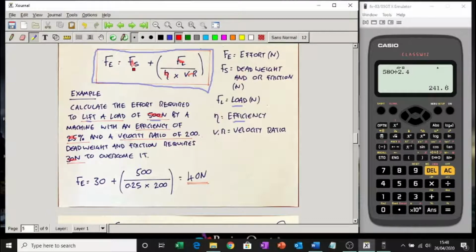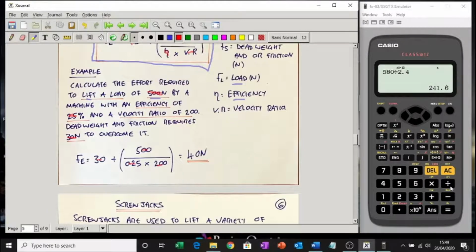So there's my formula. Fs is 30. The load is going to be 500. The efficiency is going to be 25%, which is 0.25. And the velocity ratio is 200. So to work out the effort required to lift that 500, whack that in.